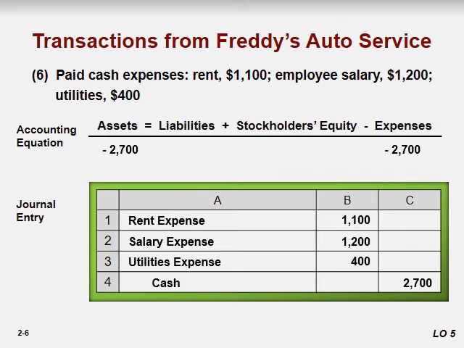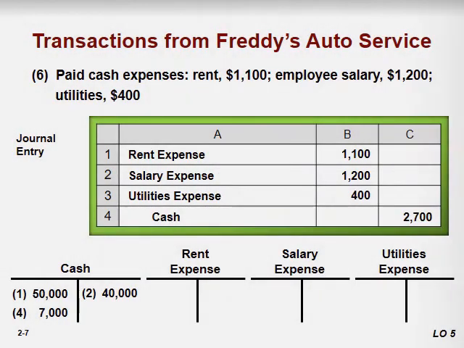Right? Good. Okay, let's post this transaction into a ledger. So ledger means we have to open a separate account, T account, for every account. We already have the cash account, in which we have the balance already there. So the new 6 is cash credit.